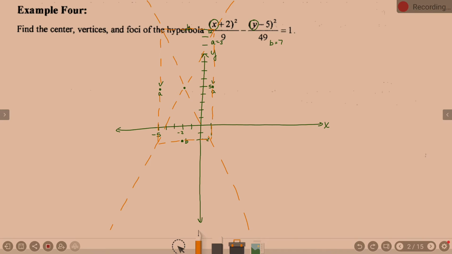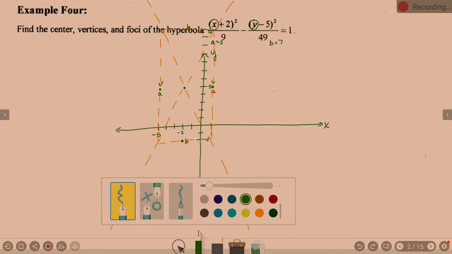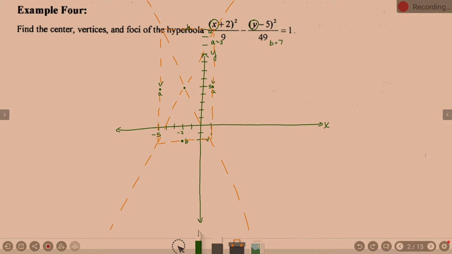Okay. Now, important question. We need to draw these hyperbolas in. How do I draw my hyperbolas in? So which way are these hyperbolas going? Sideways. Like the X way. So they're facing out from each other? How do I know they're facing out from each other? Okay.